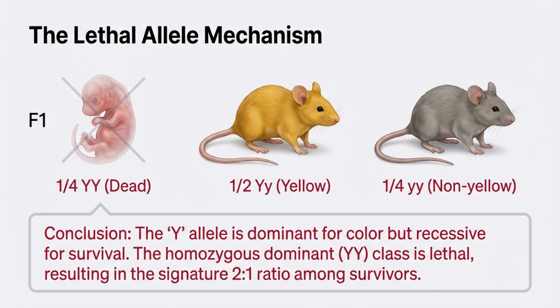But when there are two capital Y alleles, mice will not survive because it has become lethal. So when a mouse inherits two copies of the capital Y allele, the genotype capital Y capital Y becomes fatal and the individual is not produced.